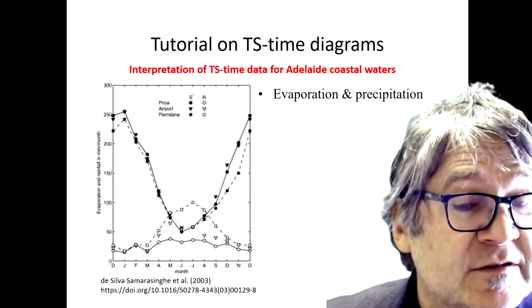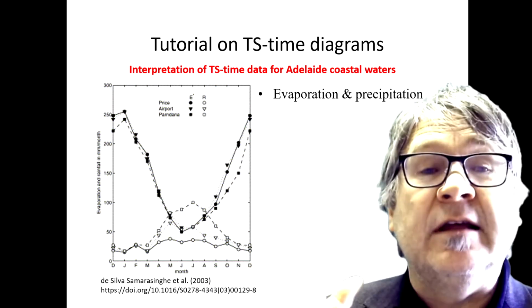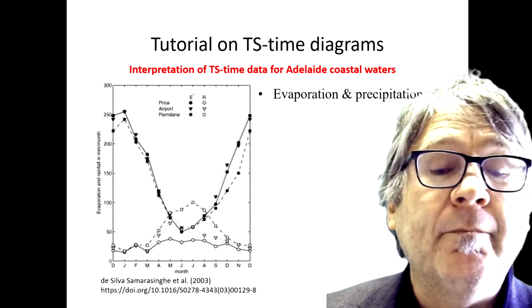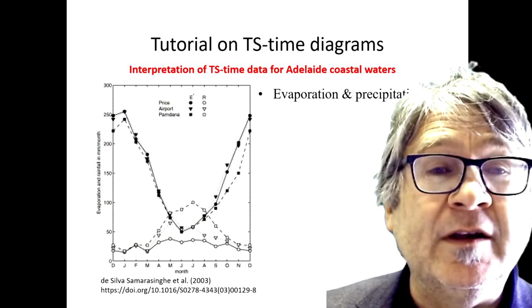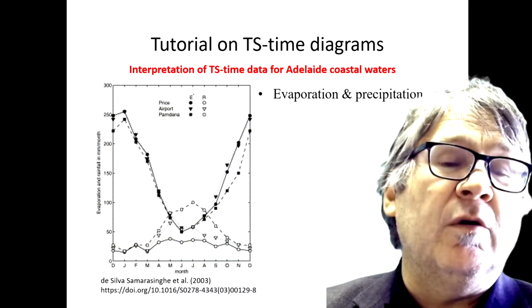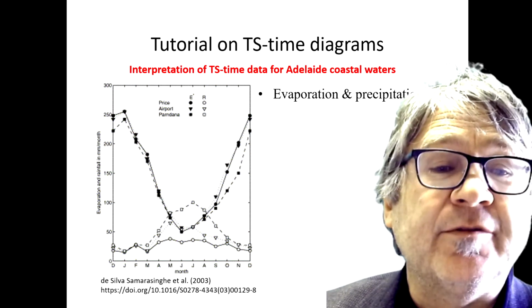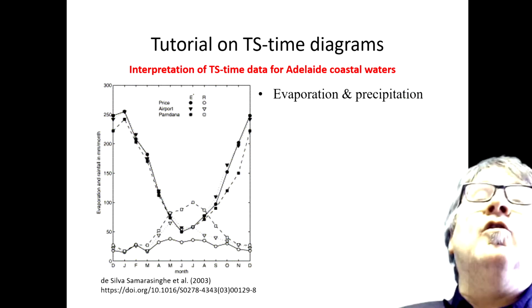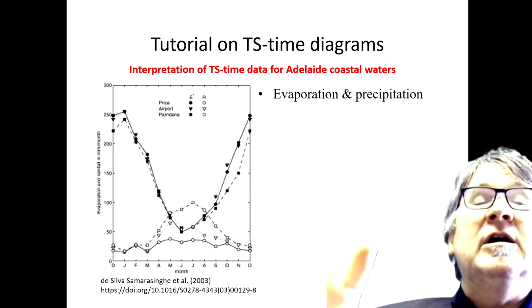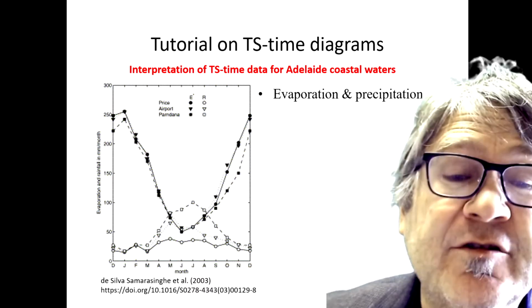The open symbols are precipitation. These are 3 different stations, but what you can see is that you get maximum precipitation during the winter months, and at some stations it goes a little bit higher, exceeding the evaporation. So overall, you have the dominance of evaporation.